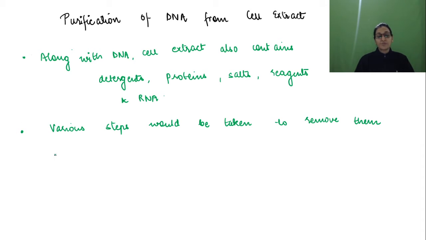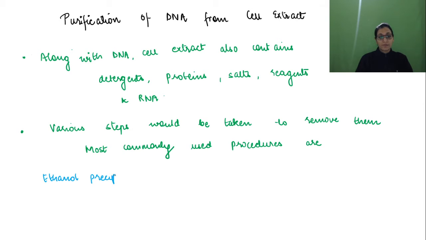So the most commonly used procedures for these are ethanol precipitation, then phenol chloroform extraction, then MiniColumn purification.